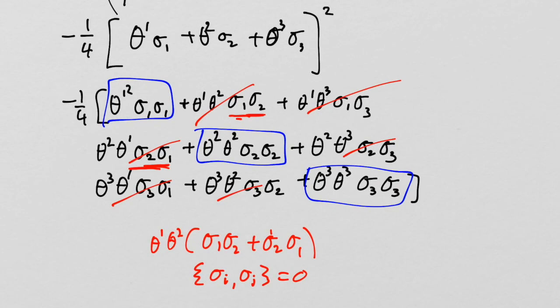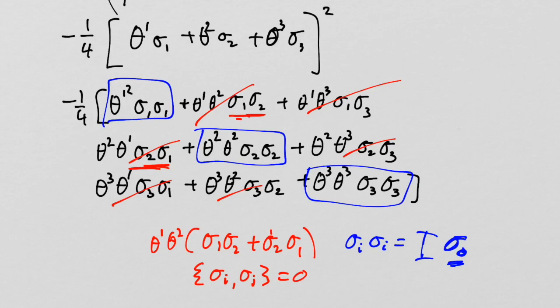But the diagonal terms, sigma I times sigma I, those always equal the identity. Well, they would equal sigma 0. Sigma 0 is not really one of the Pauli matrices, but it's obviously the identity, so we could call it sigma 0.